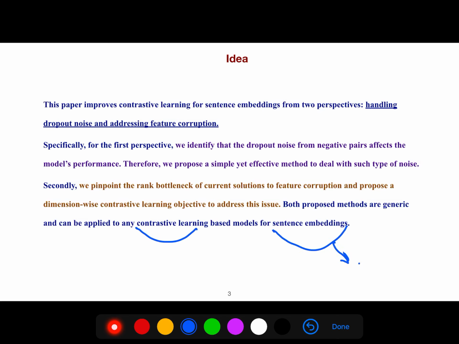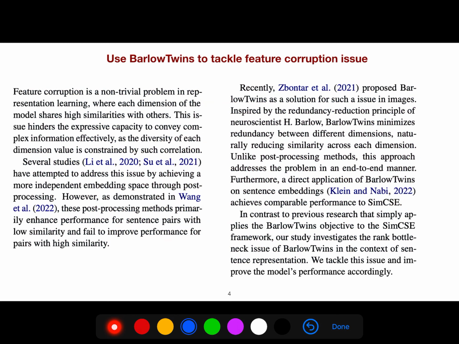This is our goal, and we use contrastive learning for that. As I said, Barlow Twins is just a very simple approach for contrastive learning. So why not use it for this feature corruption issue that we have? Because feature corruption is a non-trivial problem where each dimension of the model shares high similarities with others.